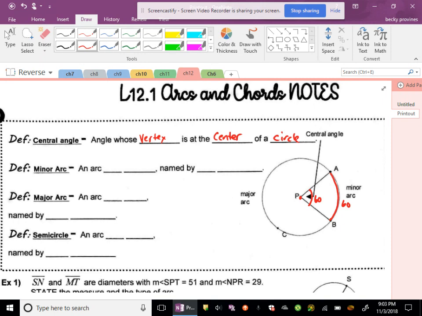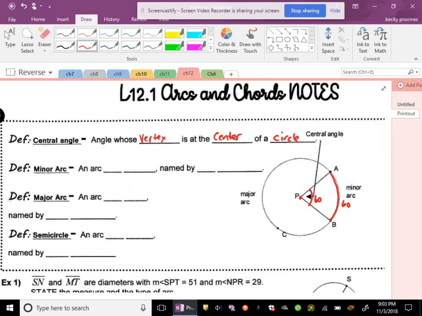So when we have the definition of minor arc and major arc, we know major means something that's bigger, minor means something that's smaller. So when we're talking about this, we're talking about arcs more or less than half the circle. So half of a circle is called a semicircle. So how many degrees are in a circle?